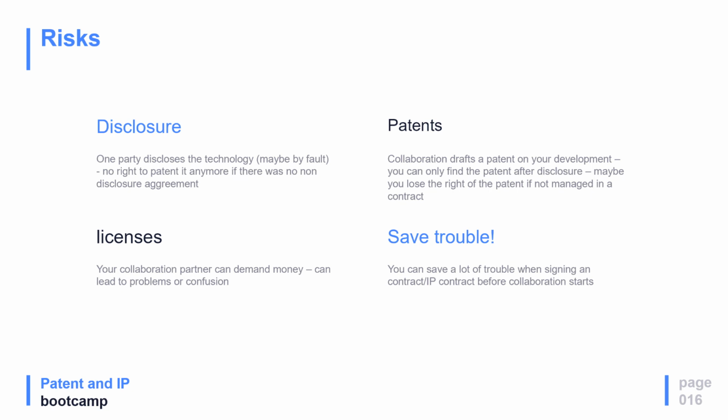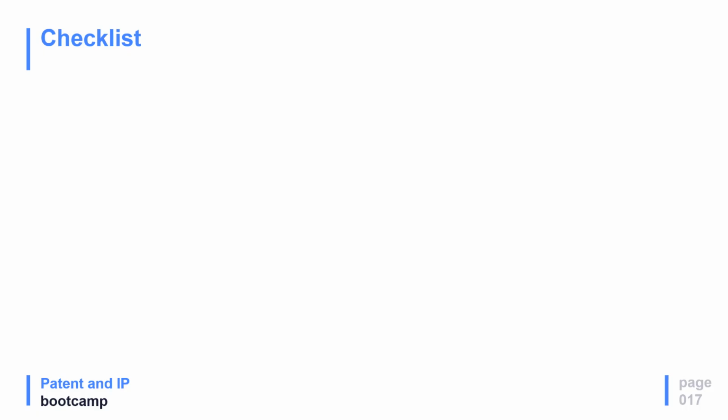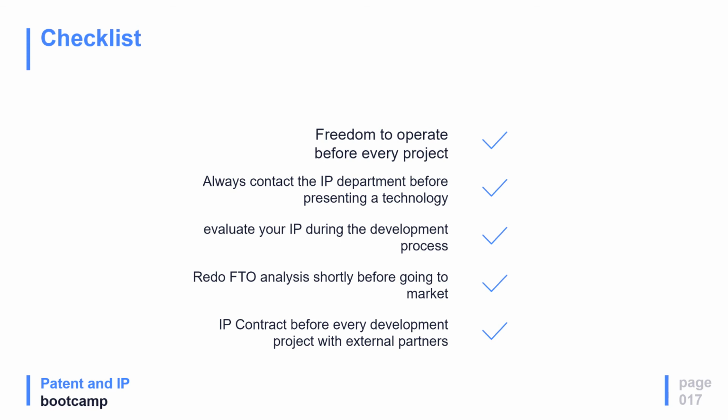If you have signed an IP contract before, it helps you to save a lot of trouble and a lot of risks. In the end here I have a best practice checklist that should help you know when to have IP in mind. This is especially for developers or maybe also researchers.